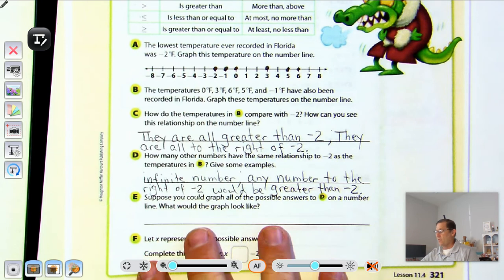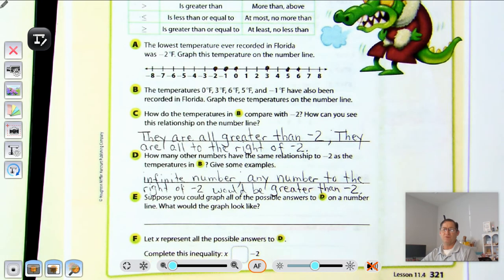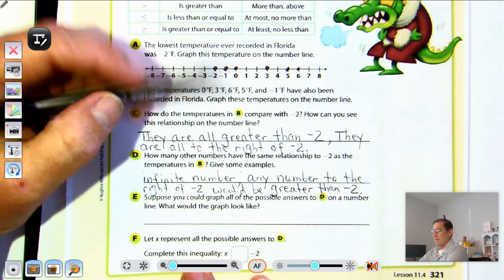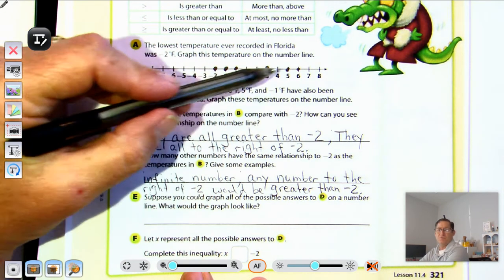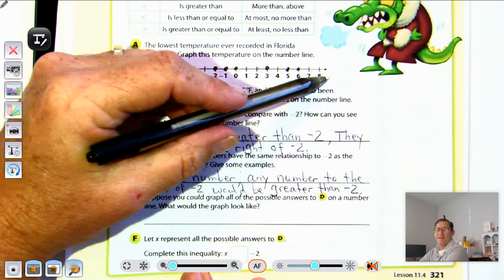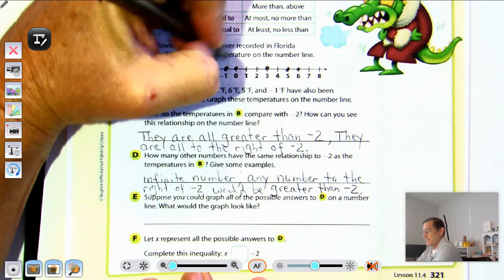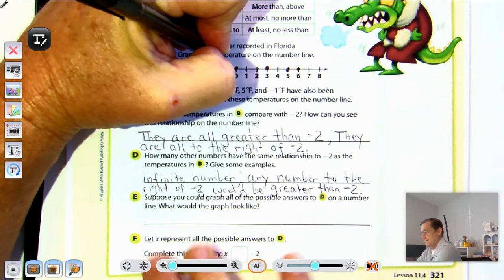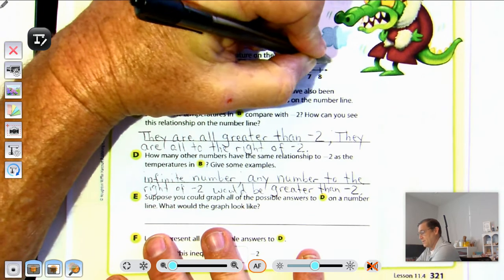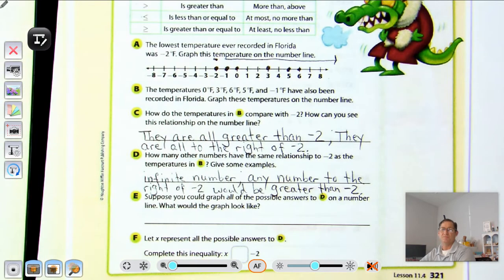Suppose you could graph all the possible answers to D on a number line. What would the graph look like? All right, so we'd have one at 1, another one at 2, 4, 7, 8, and so on, so on. And so basically, it would be an array that does not include -2.